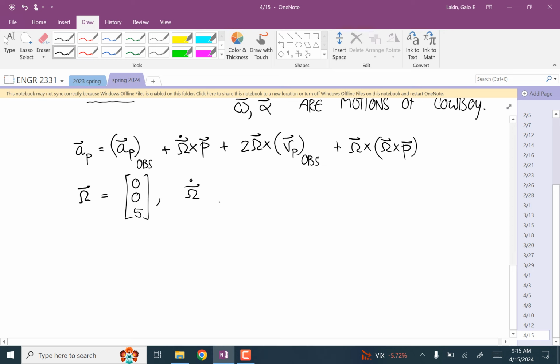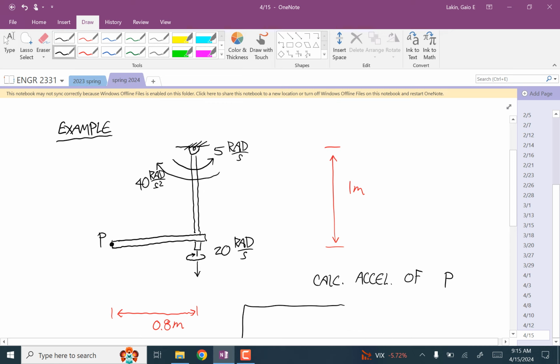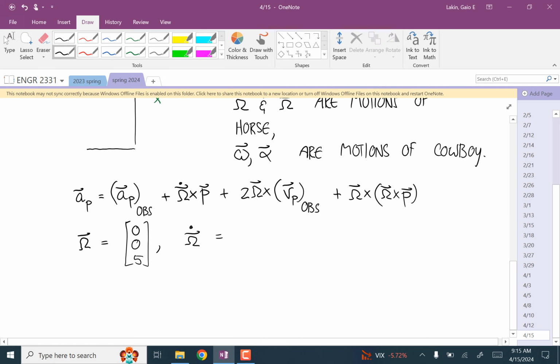Now capital omega dot. That is the angular acceleration of the coordinate system. So that is the 40 radians per second squared in the negative z. Okay? With me on that?